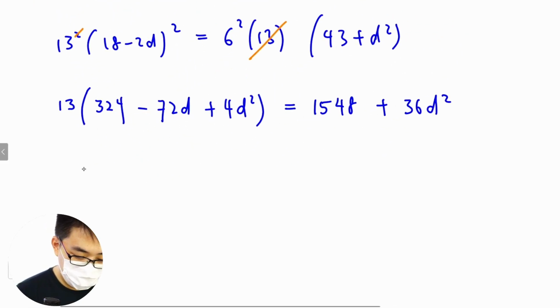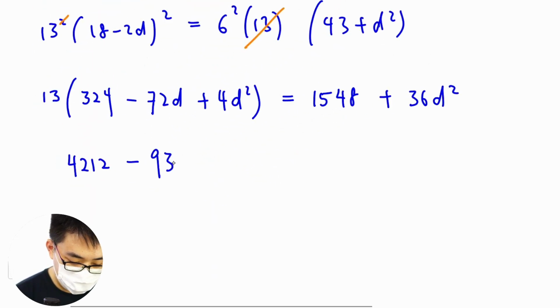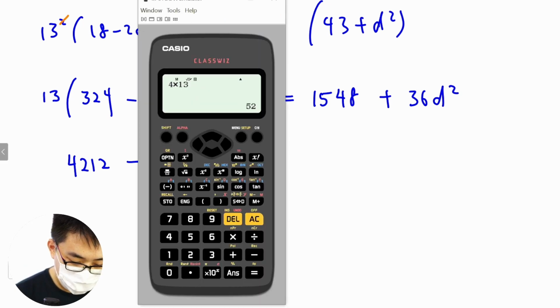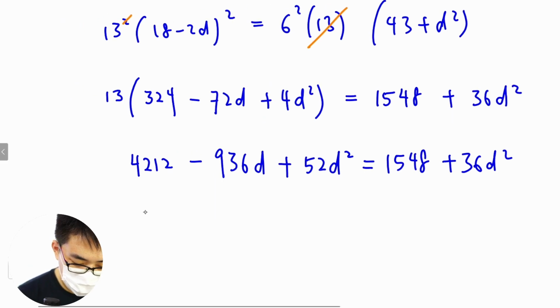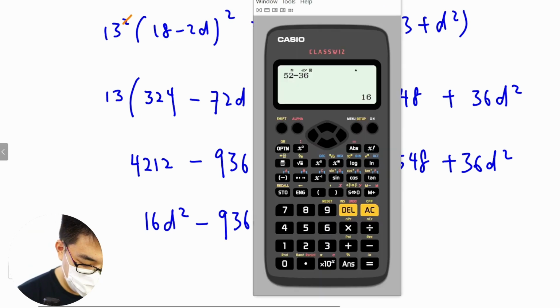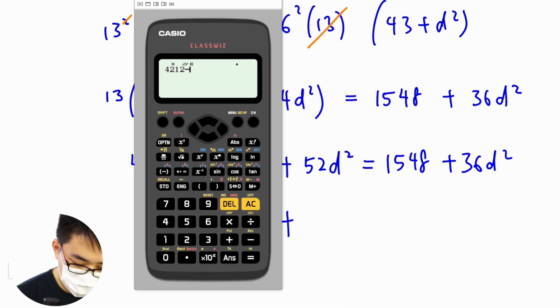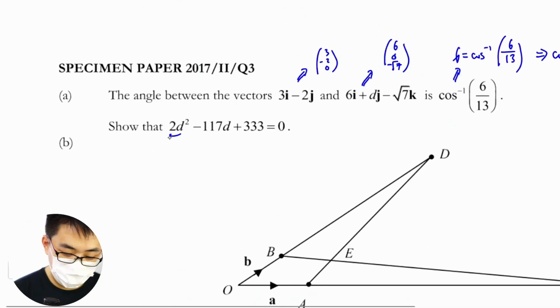Yep. 4212, 936, 421. What do they want? 2, right? So meaning can divide everything by 8.